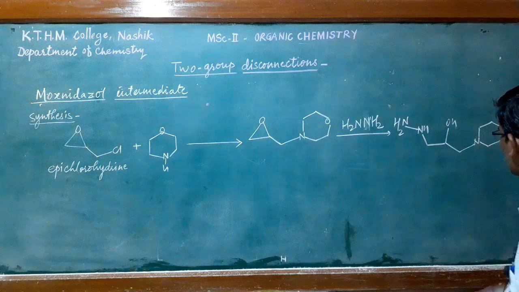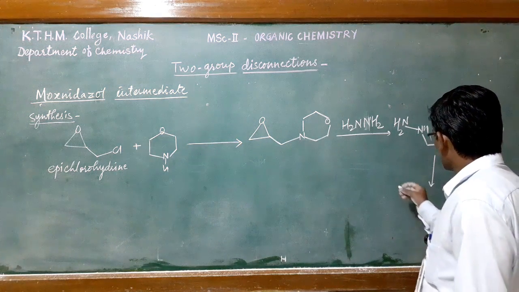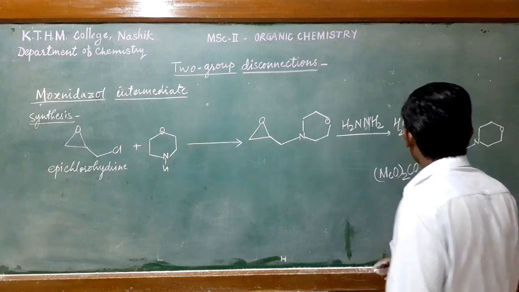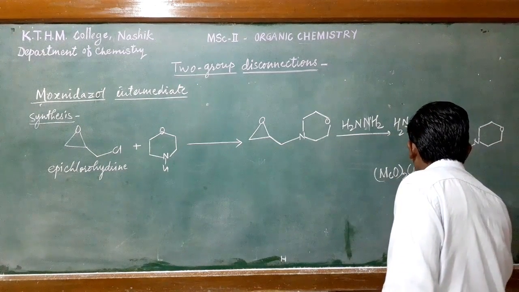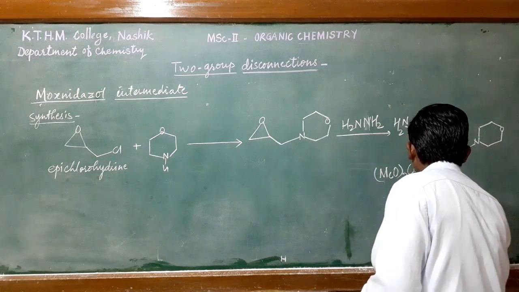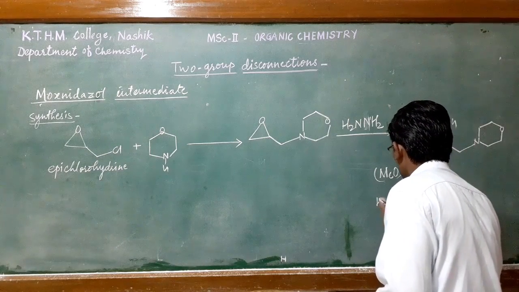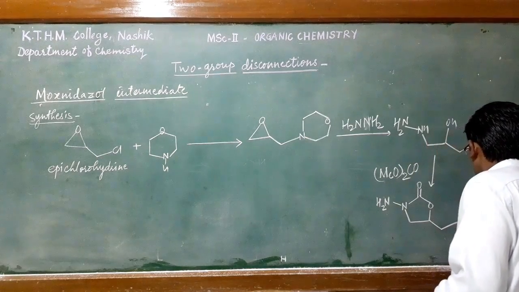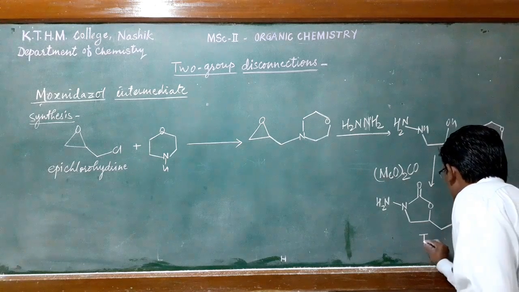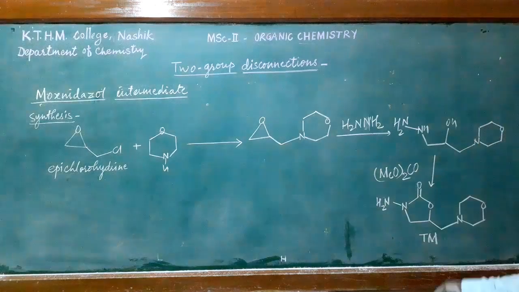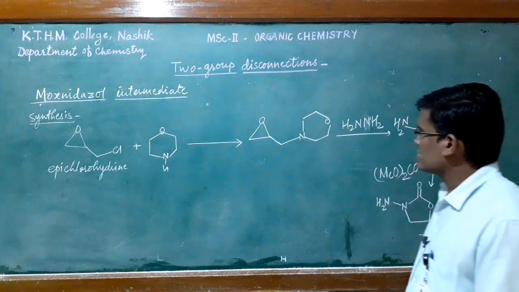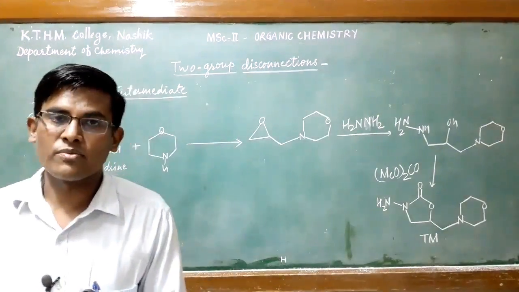You will get this hydroxylamine, and finally, when you treat this with dimethyl carbonate, we will get the target molecule, that is the moxonidazole intermediate. Okay. So, this is how we can achieve the synthesis of this intermediate.